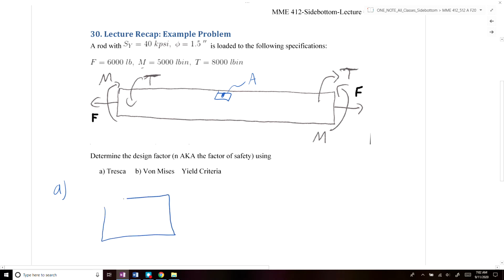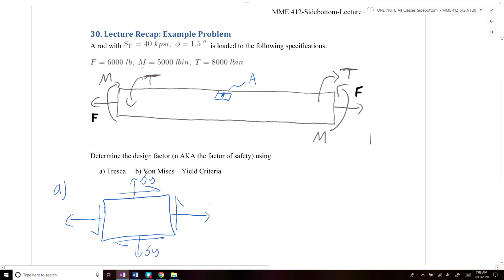If we look at our element at point A, it could potentially have three stresses. It can have a shear stress. It can have an axial stress or bending stress along the x-axis, and it can have an axial stress along the y-axis.